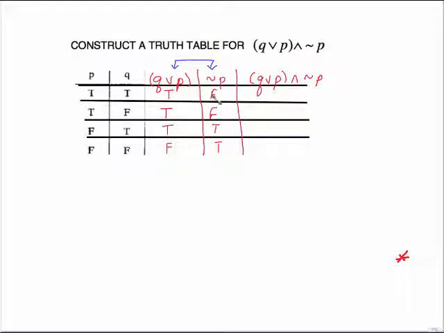So true and false is a false. True and false is a false. True and true is a true, and false and true is a false. Remember, under an and statement, the only time that the and statement is true is if both simple statements are true, like we had right there. And this is our answer.